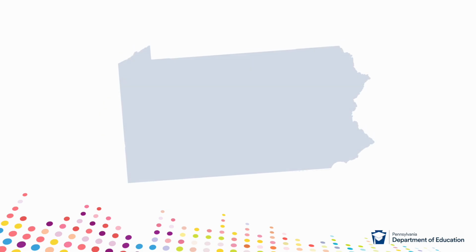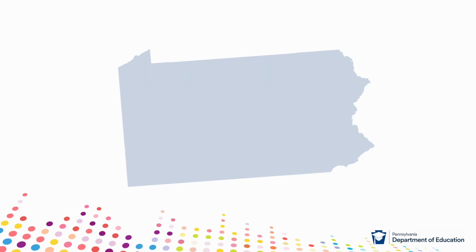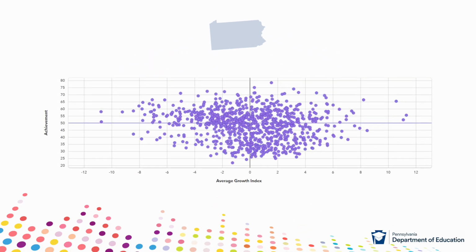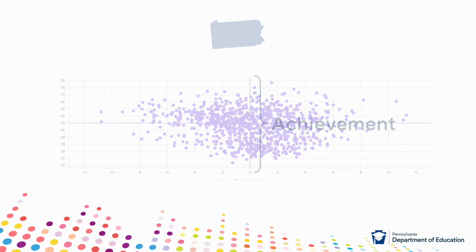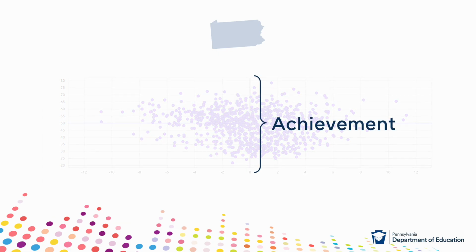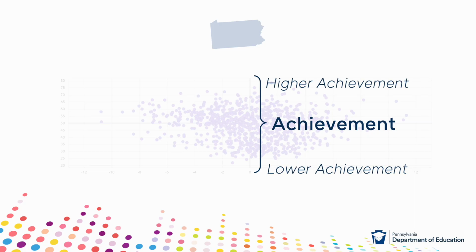Now let's look at some evidence from schools and classrooms right here in Pennsylvania. Evidence of growth with students with a history of lower achievement. This scatter plot shows two pieces of information, with each purple dot representing a teacher's group of students. On the vertical axis, we see the achievement level of the group of students, going from students with lower achievement on the bottom to students with higher achievement on the top.